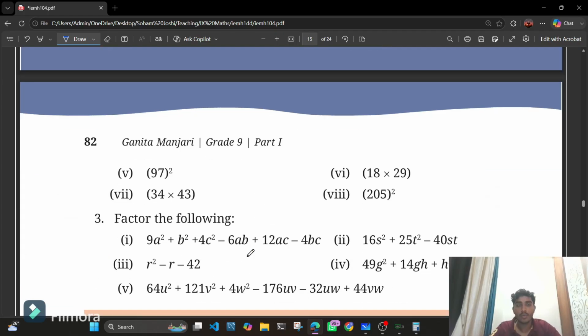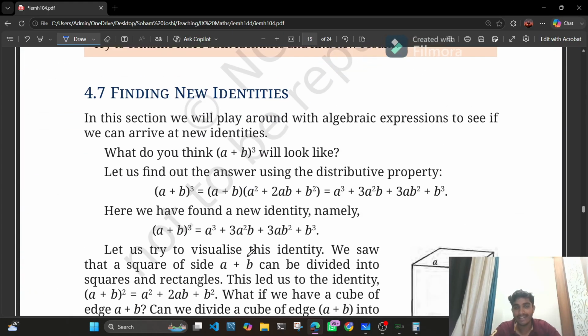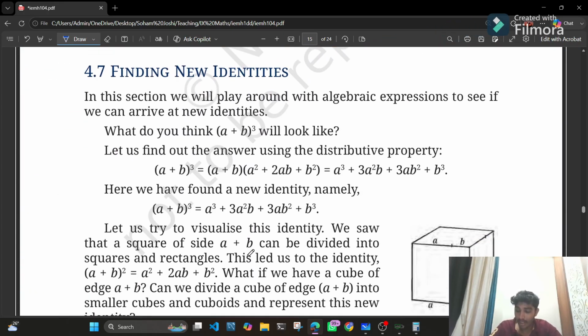So this is how we can factorize them also. This can be factorized using the splitting the middle term method too. We haven't learned it in chapter 2, but not a problem.